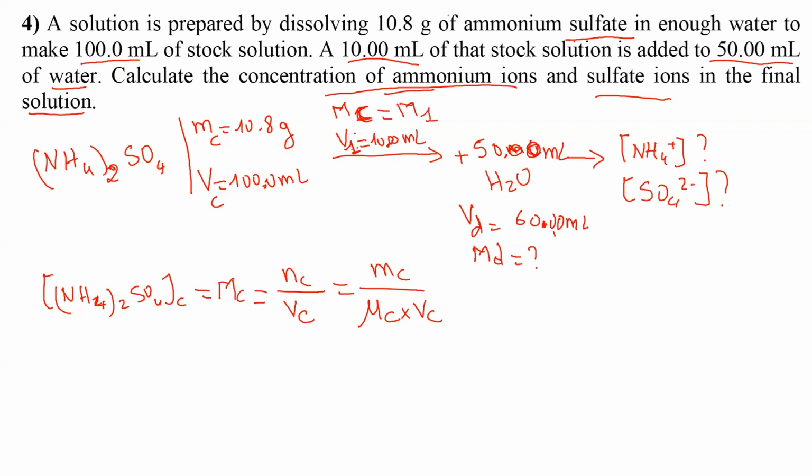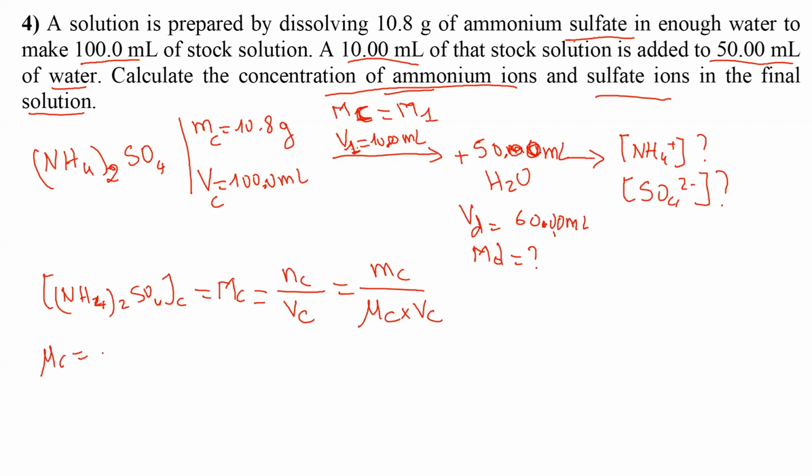Okay, I took V1 equal to 10 ml of that solution, so the concentration is the same. Then it is diluted to 60 ml, so you have the VD. To calculate the concentration, we need the molar mass. So let's calculate the molar mass of ammonium sulfate.